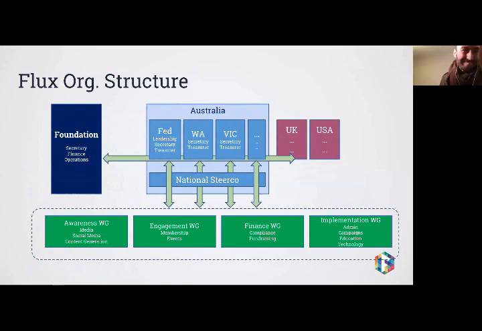This slide is a very general overview of the Flux org structure. The things to pay most attention to here are that within Australia, the main groups and the main bodies that we have are the state branches and the federal party.